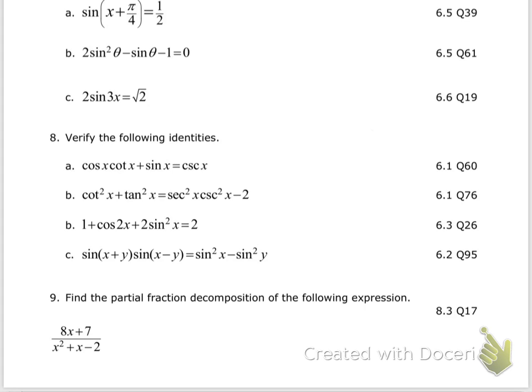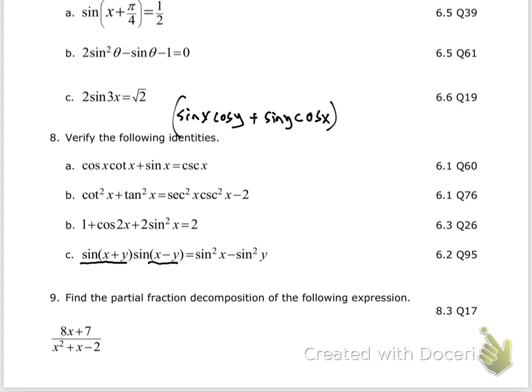Right, now I know this last one dragged on a little bit in class, but let's just take a look at it. Where's this from? 6.2. Okay, so, oh dear. That is the rule x plus y, the rule x minus y. So, sine of x plus y is sine x cosine y plus sine y cosine x.